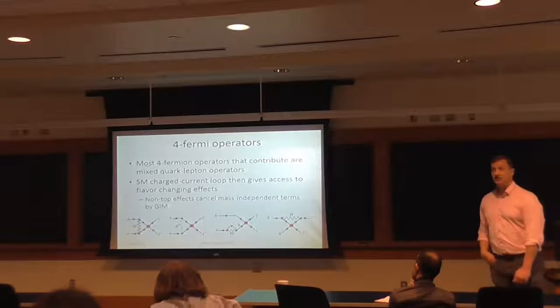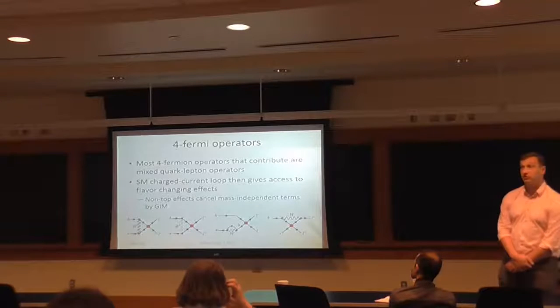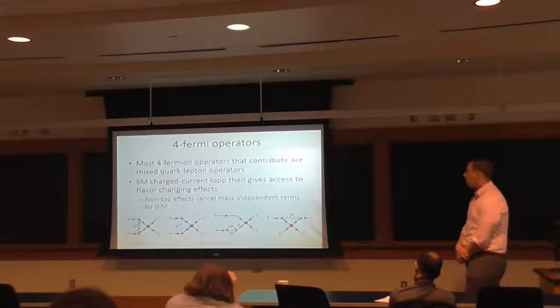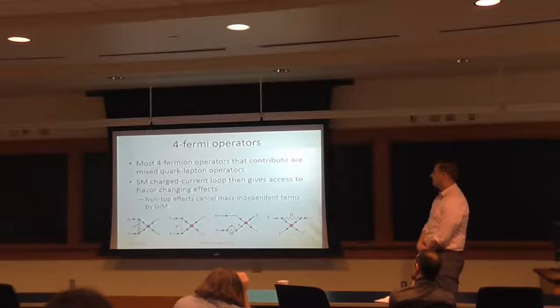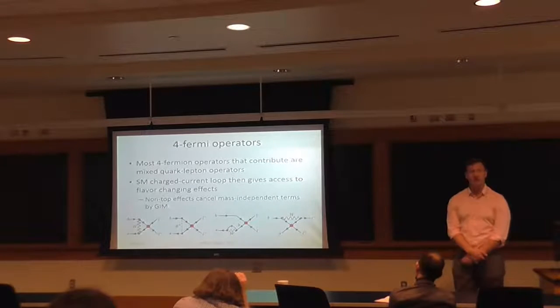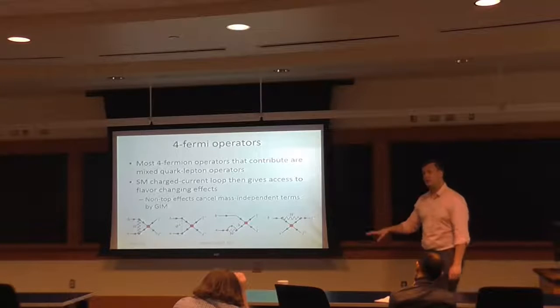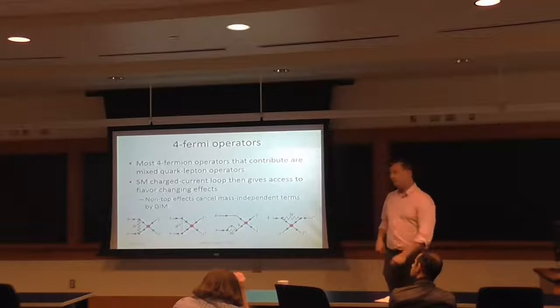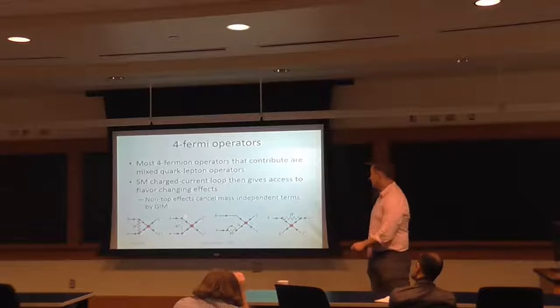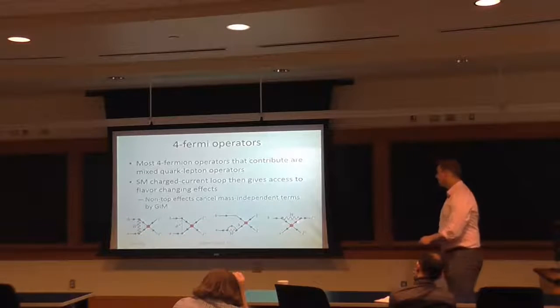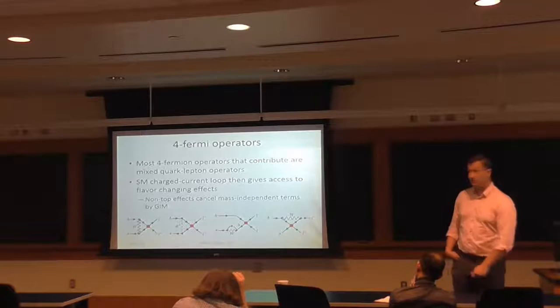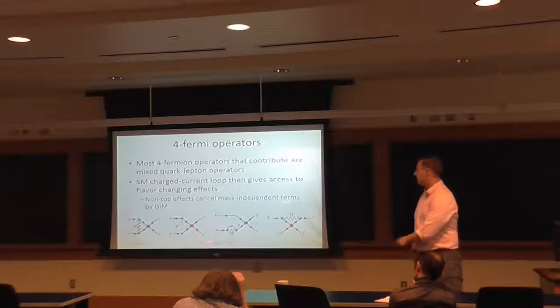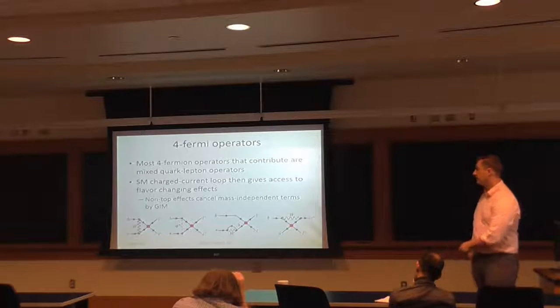In trying to do this matching, you end up with a whole bunch of contributions. You get a whole passel of 4-Fermi operators that are going to contribute. These are 4-Fermi operators that couple up-type quarks to leptons on this slide. And so you get tops internal to these loops, because the top mass is huge. And you get flavor violation from this whole set of different things.